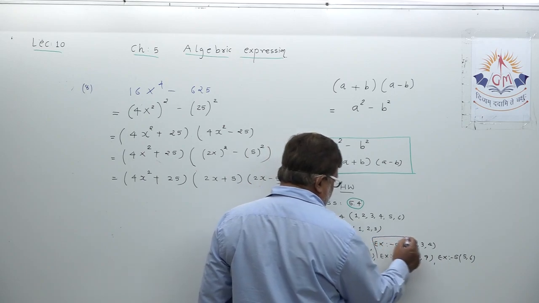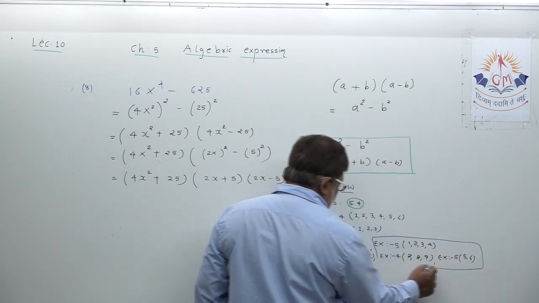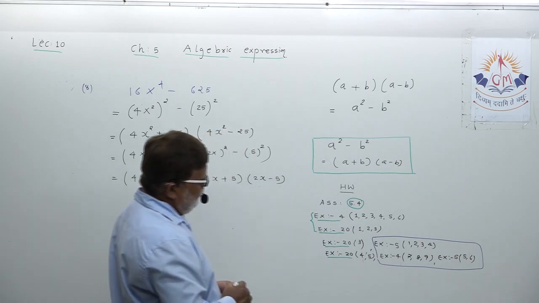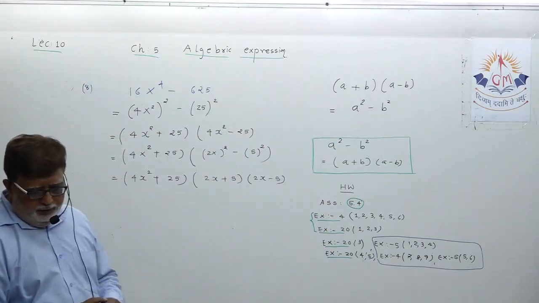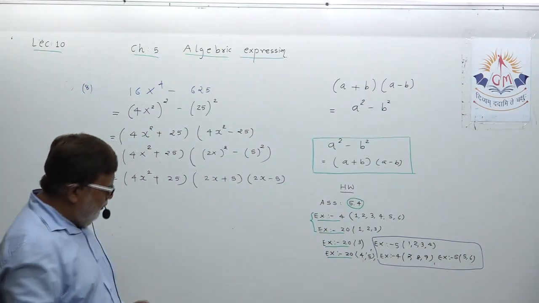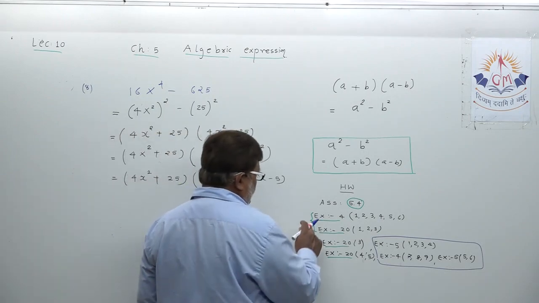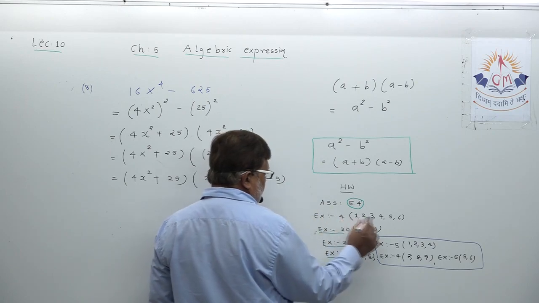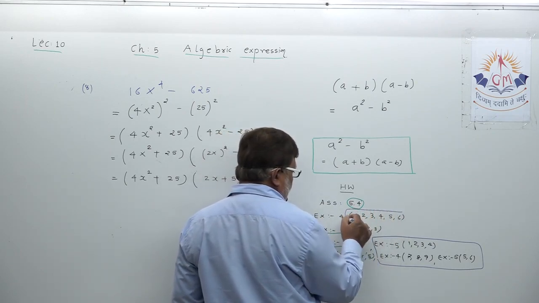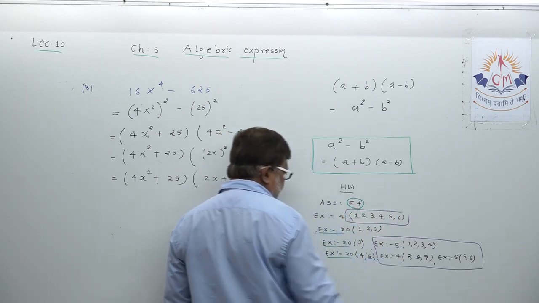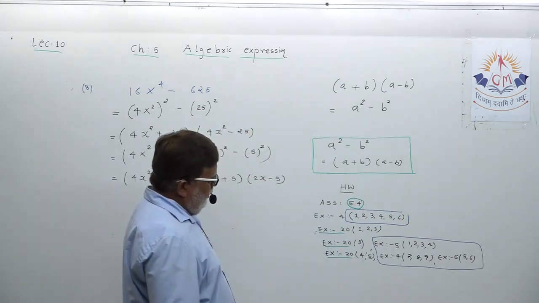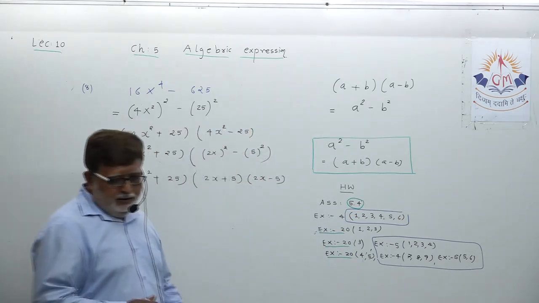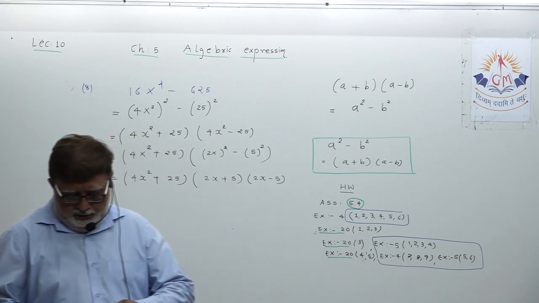This is from assignment 5.4. This is the way you have to complete. This is also from 5.4. What I have marked with blue lining is from assignment. The rest are from examples.